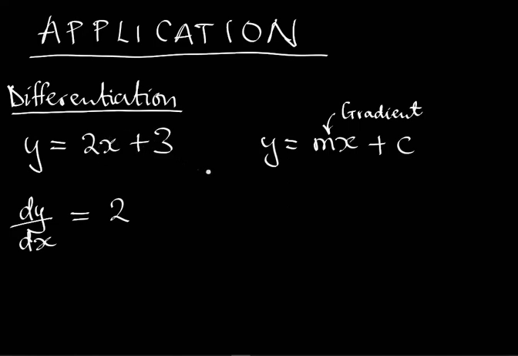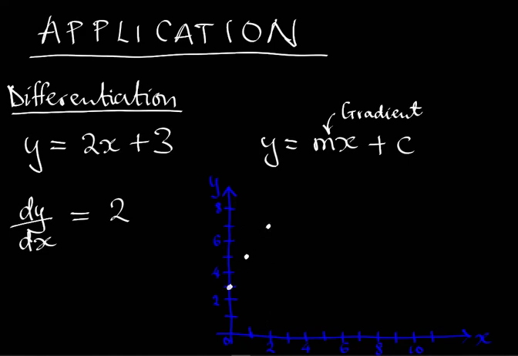Think of this: when x is 1, we expect our graph to go to 5, so that point will be somewhere here. When x is 2, y is supposed to be 7, a point somewhere there.